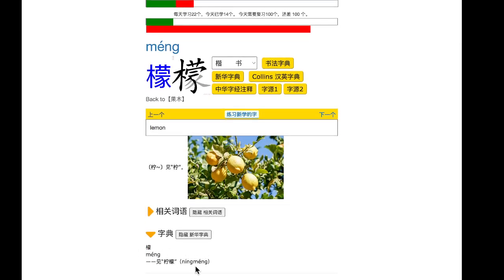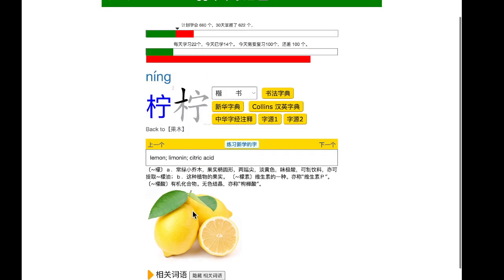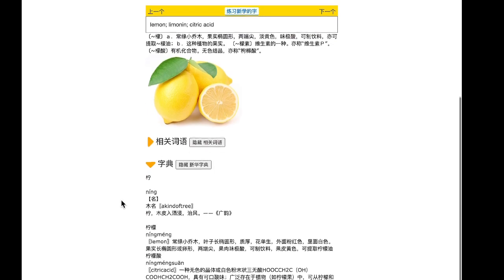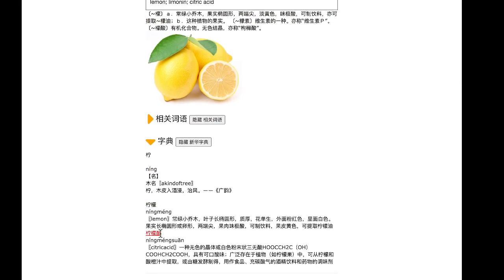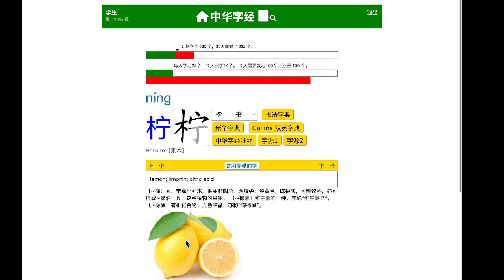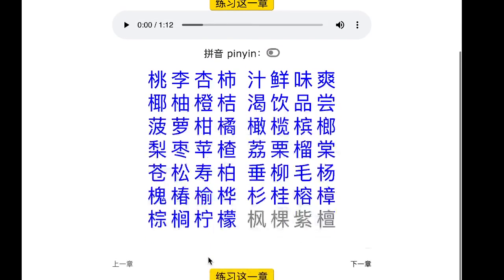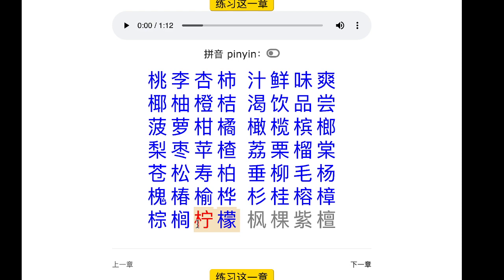You'll see this isn't even in any other words, only the name of lemons. Whereas when you talk about other types of stuff, like ningmengsu or ningmengsuan, we are using the whole name. Like ningmengsuan is for citric acid, the acid that comes from lemons or that lemons contain. Ningmeng, lemon.